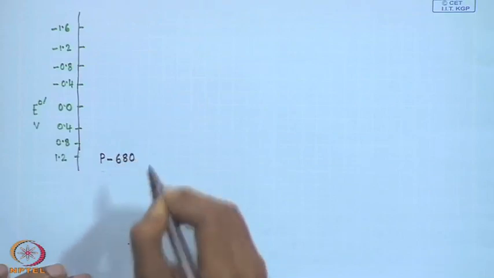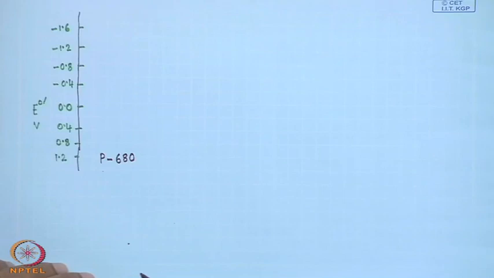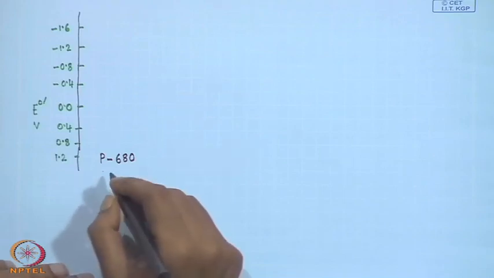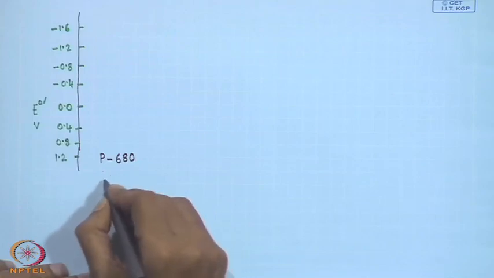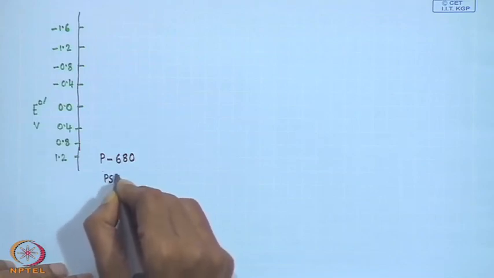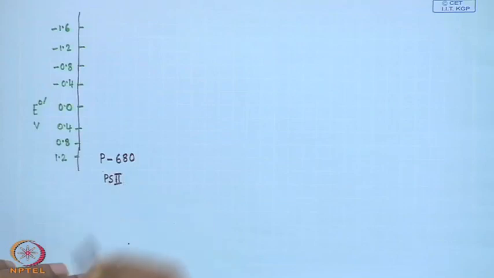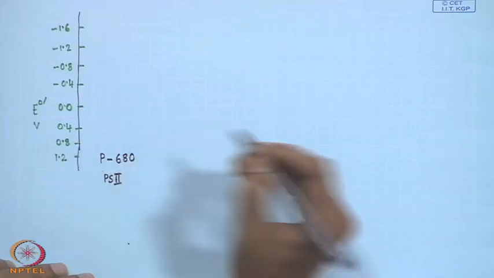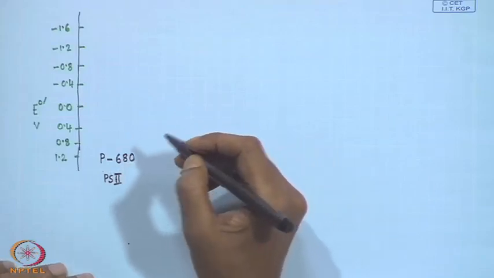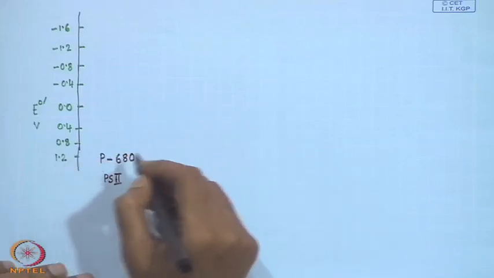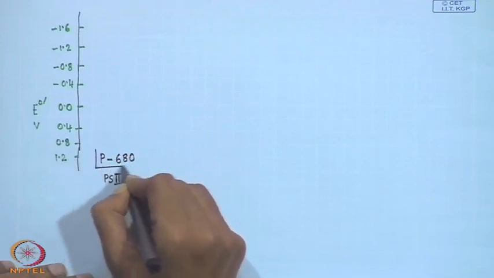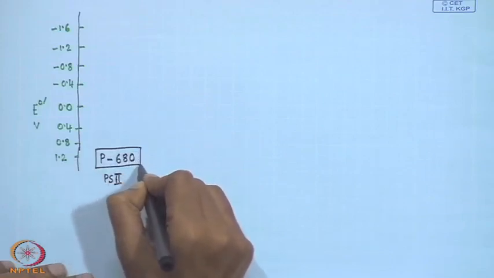P stands for the pigment, the colored pigment which is responsible for this particular light absorption, and here we have the center as photosystem 2. At 680, we are looking for water oxidation.